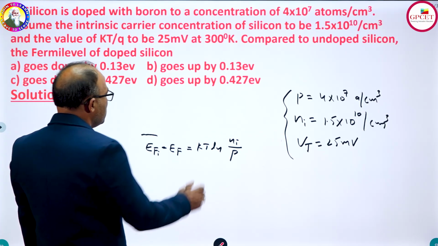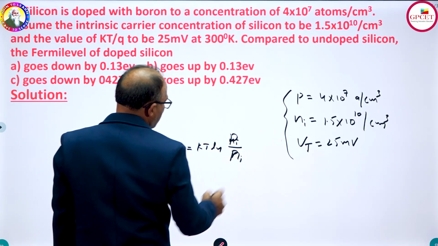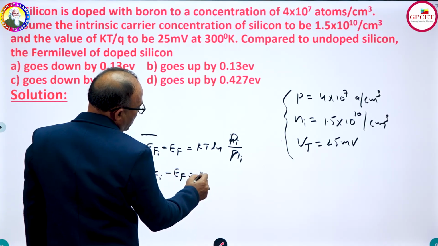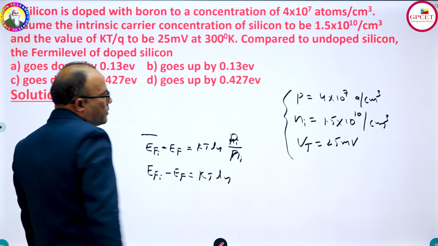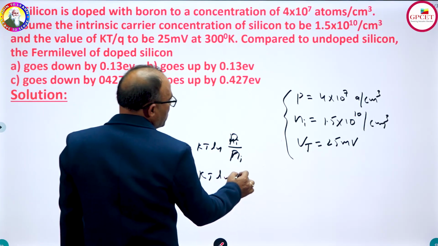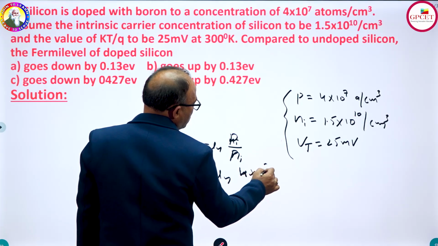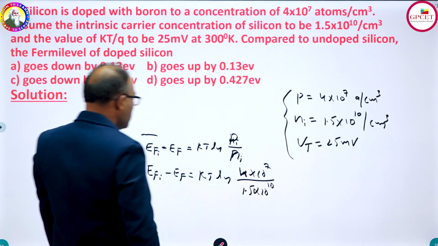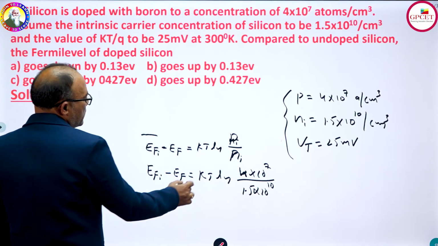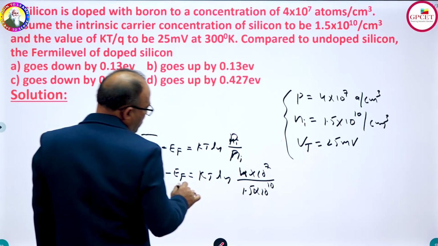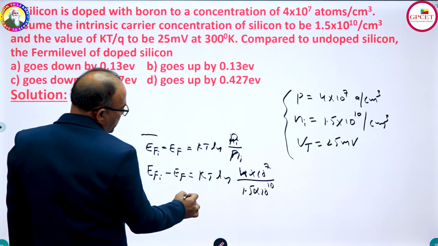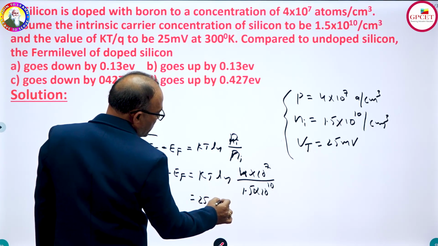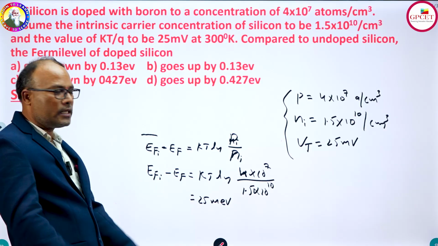So therefore EFi minus EF is equal to kT ln of P, 4 × 10^7, divided by Ni, 1.5 × 10^10. Here kT by q we have as 25 millivolts, so we can write kT as 25 milli electron volts, because q is not given, only kT is given, right?